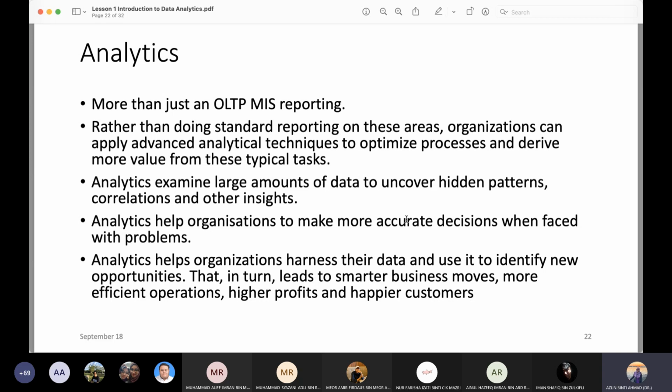Contoh kalau kita pakai sales data, let's say 2021 punya sales data from 1st January until 31st December. Based on the sales data setiap hari, you boleh tengok bila sales tinggi, bila sales rendah, and within one day, bila peak hour. Therefore, the company or the shop can do something.